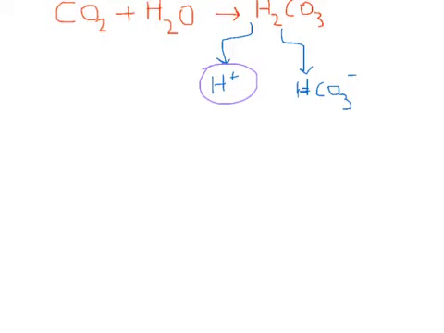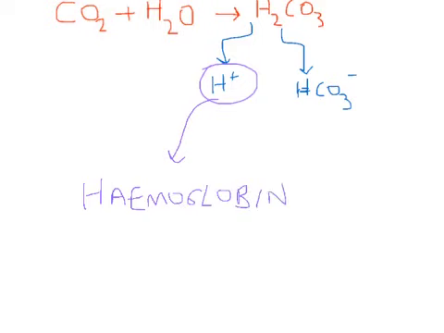So we can say that the competition, whereby hydrogen is trying to bind with hemoglobin, is caused by an increase in carbon dioxide in the body. And as we said, the more hydrogen there is, the less space there is for the oxygen to bind, and therefore the oxygen dissociates from the hemoglobin and is able to enter tissues for respiration.